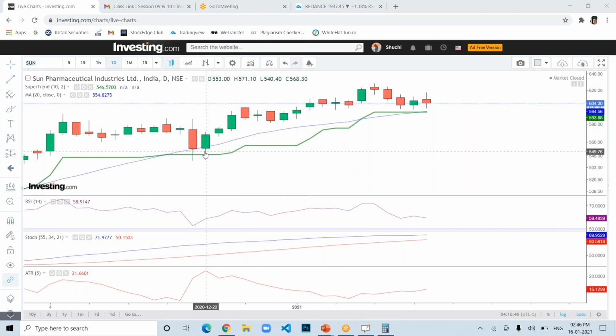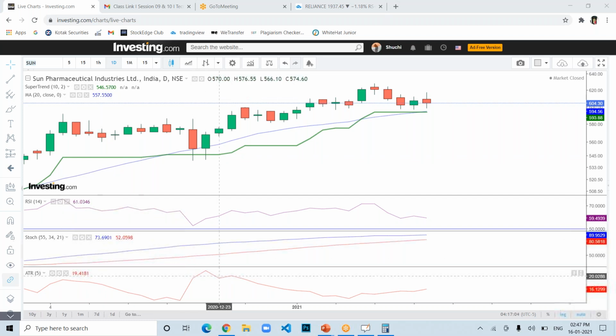So see the value here, 21.6 is my ATR. So 1.1 into 21.6 is your stop loss. This is simply a money management system. And 21.6 into 2.2 is your target. I'm getting the ATR value here on the right hand side.